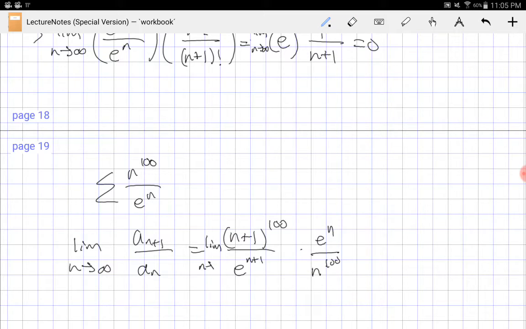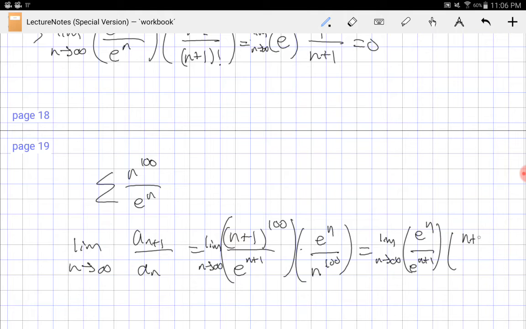Limit as n goes to infinity, and these two fractions are multiplied together. I recluster and I get the limit as n goes to infinity of e to the n over e to the n plus 1 times n plus 1 to the 100 over n to the 100.